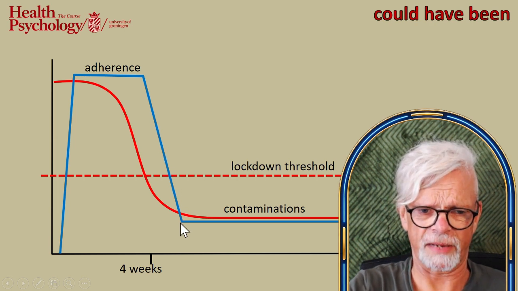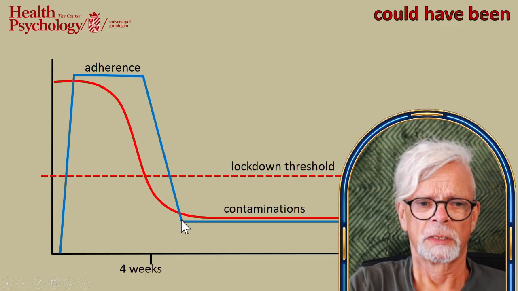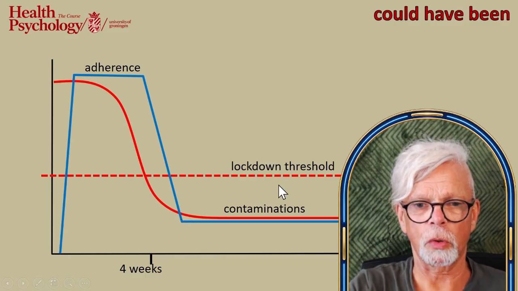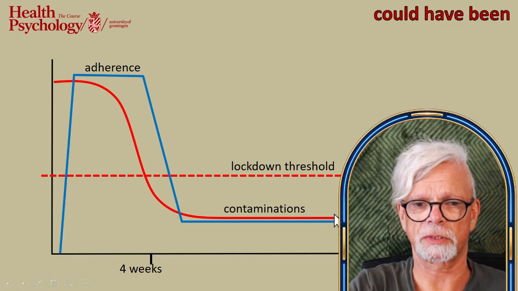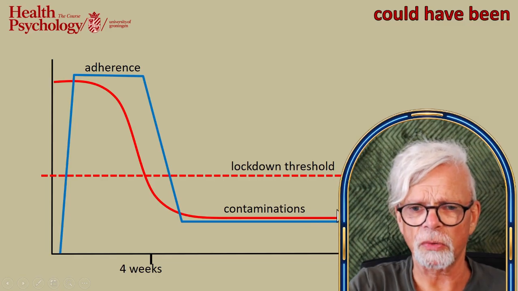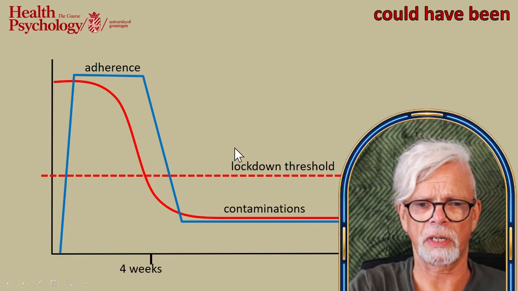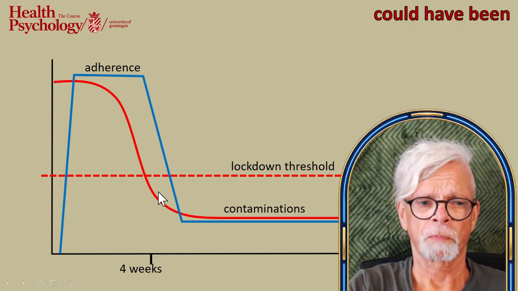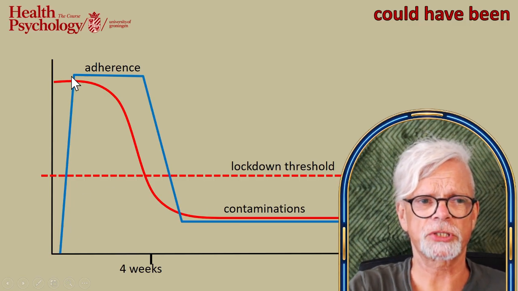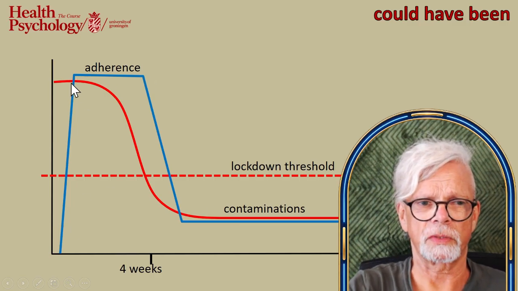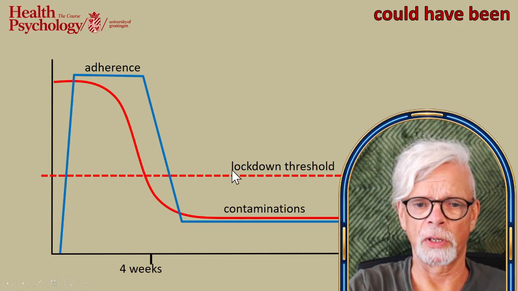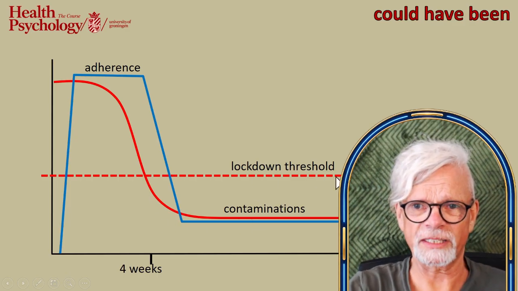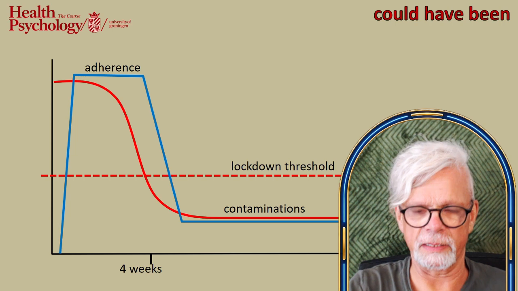There's nothing left to spread. And then we would be below the lockdown threshold and there would be no contamination. So there's no need for lockdown anymore. And this is all because people adhered so well that the number of contaminations went down below the lockdown threshold. And that's what could have been.